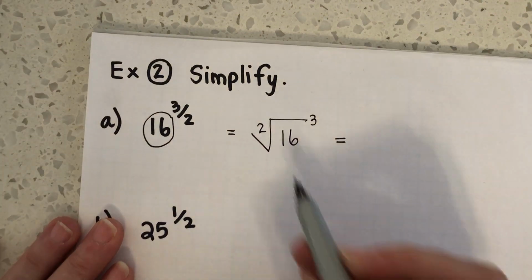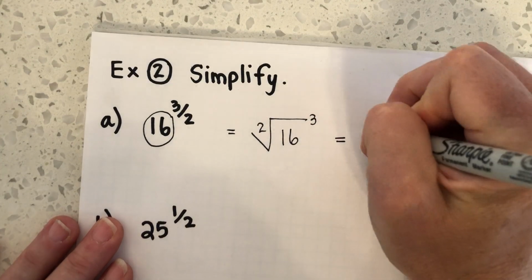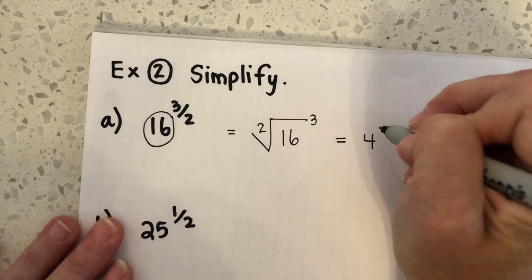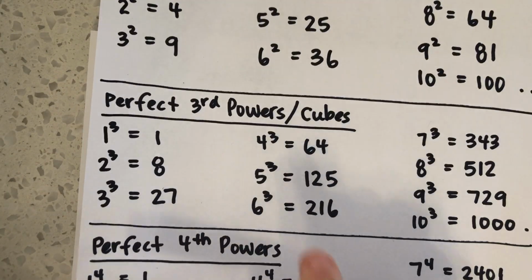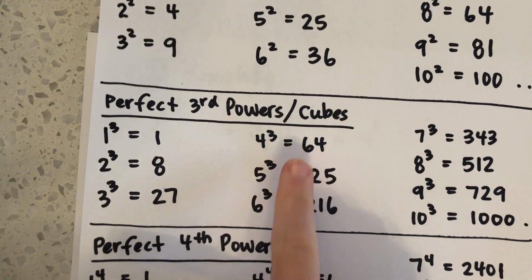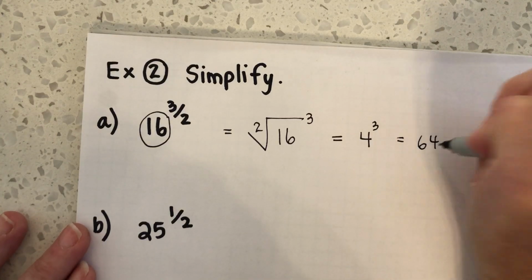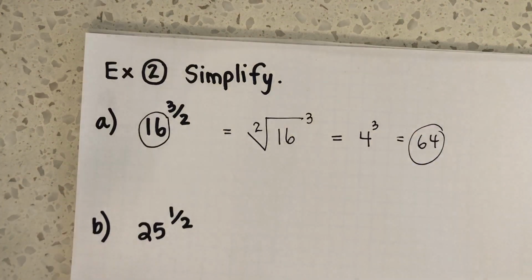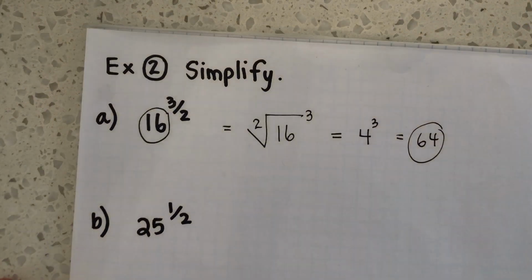So guys, what's the square root of 16? It's 4. Now you're going to raise it to a power of 3. So now what's 4 to the 3rd power? Well, 4 to the 3rd power is 64. Or you could use your calculator, whichever one. And that's your final answer. So 16 to the 3/2 is 64.